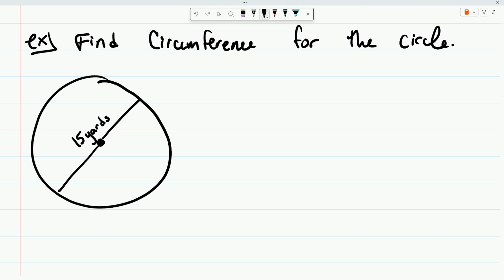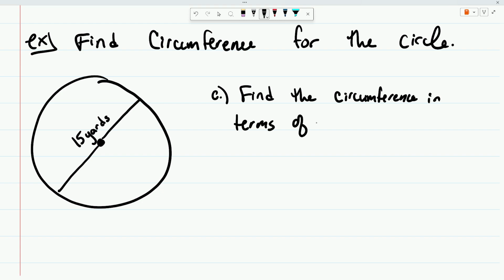Now, in the homework, the first question is going to say, part A, find the circumference in terms of pi.